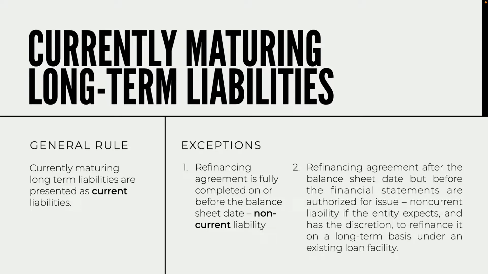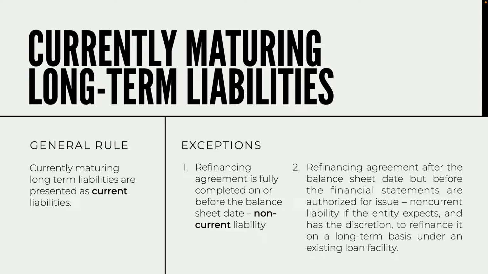Ibig sabihin, let's say, si company, they are not able to settle that for now. So magkakaroon ng refinancing. So ngayon, kapag yung refinancing agreement nangyari or napagkasunduan on or before the balance sheet date, considered yun as non-current, kasi may extend pa eh. Nagkaroon sila ng agreement na baka possible pwede pa natin extend.